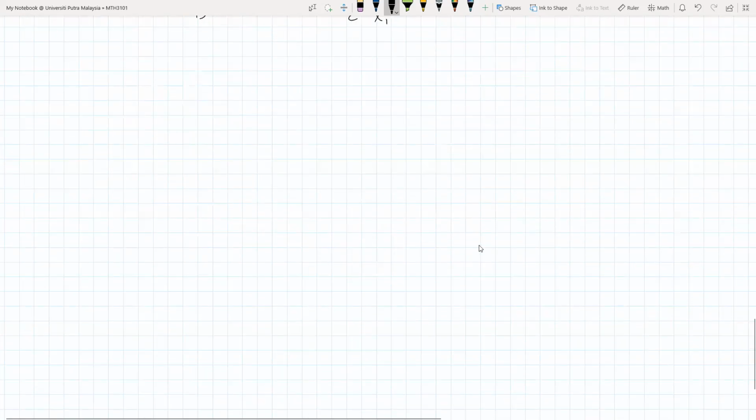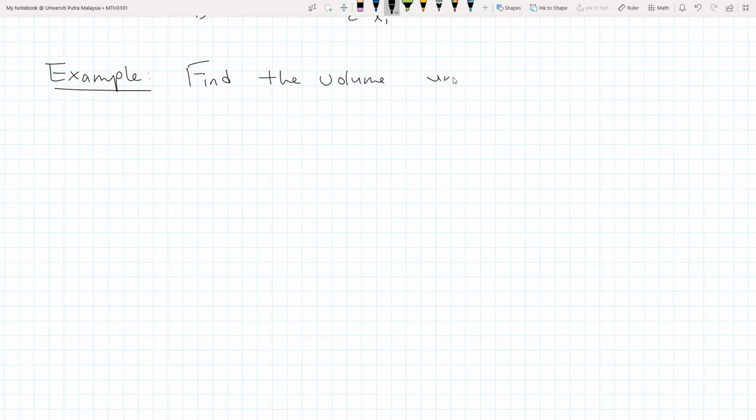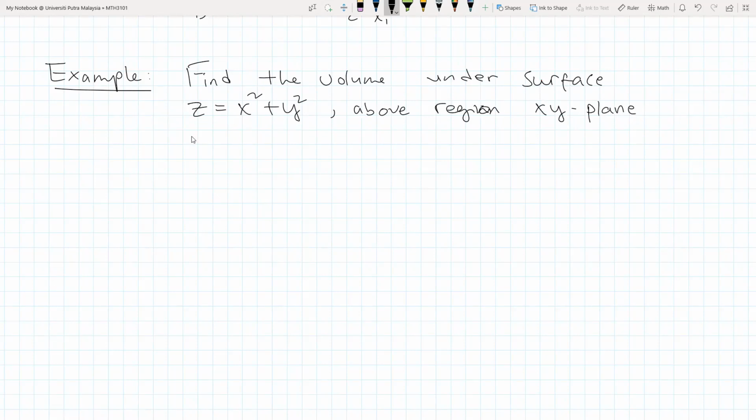Okay, let's see an example. Find the volume on the surface z equals x squared plus y squared above the region in the xy plane, which means it is positive, bounded by the lines y equals 2x and y equals x squared.